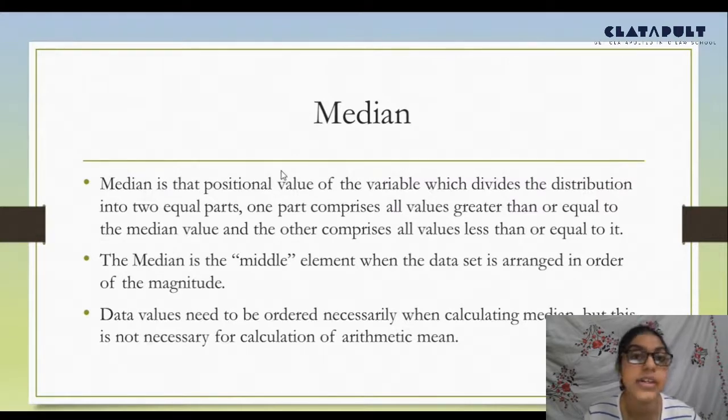This is a primary difference that median has with arithmetic mean. And this is a fundamental difference that will come in mode as well. So mean is the only one of these three types of measures of central tendency which really does not need an arranged or organized data set in order of magnitude or anything of that sort, right?